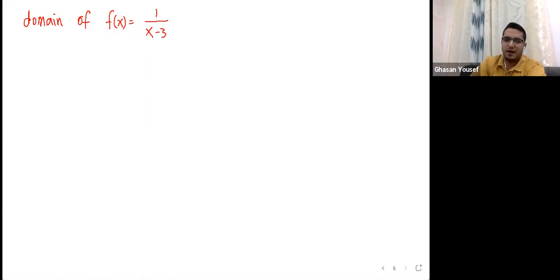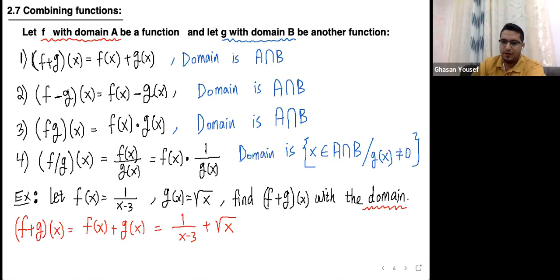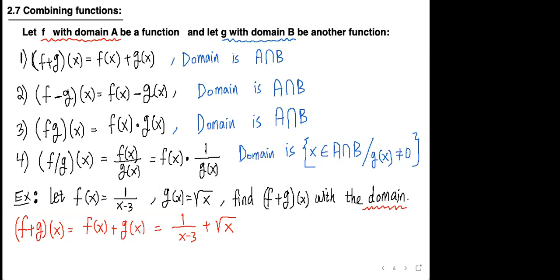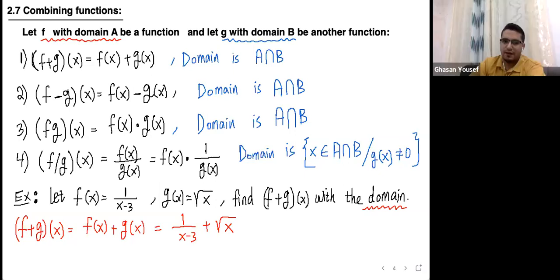What element can I not plug inside this function? Here you go, Jennifer. Again, what is the domain of this function, f of x equal 1 over x minus 3? Can I plug in any numbers inside this function?